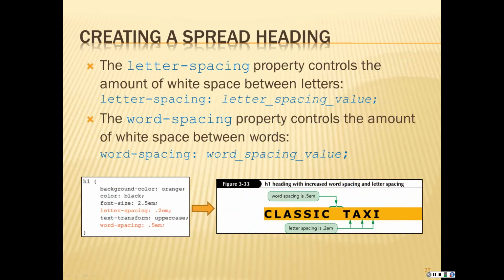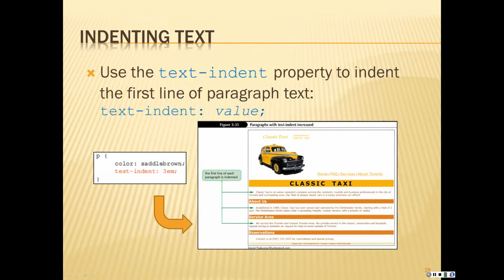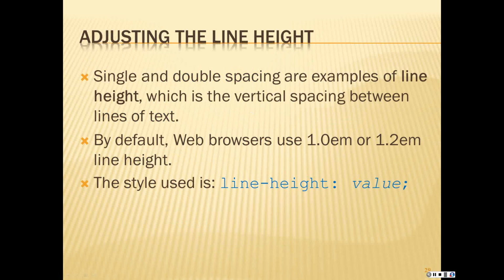Here is where we did the spread heading, if you need to study that a bit more. Here's where we indented text. Here is where we look at line height, which is our next step.